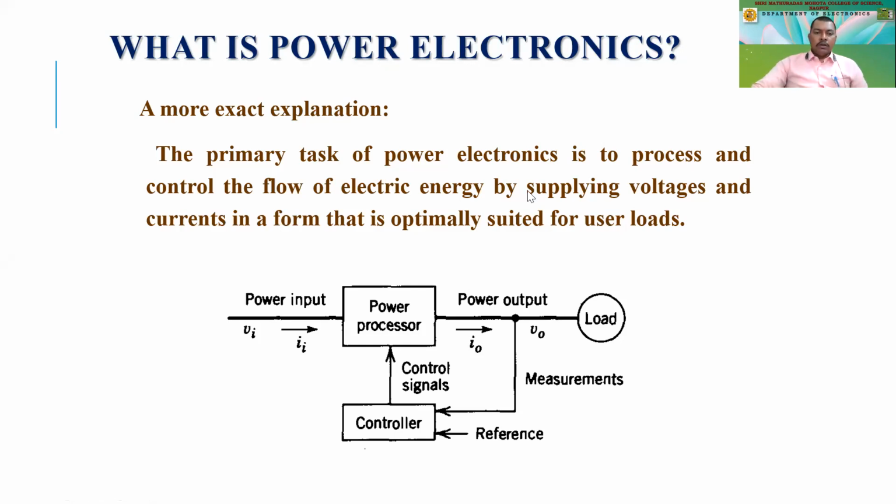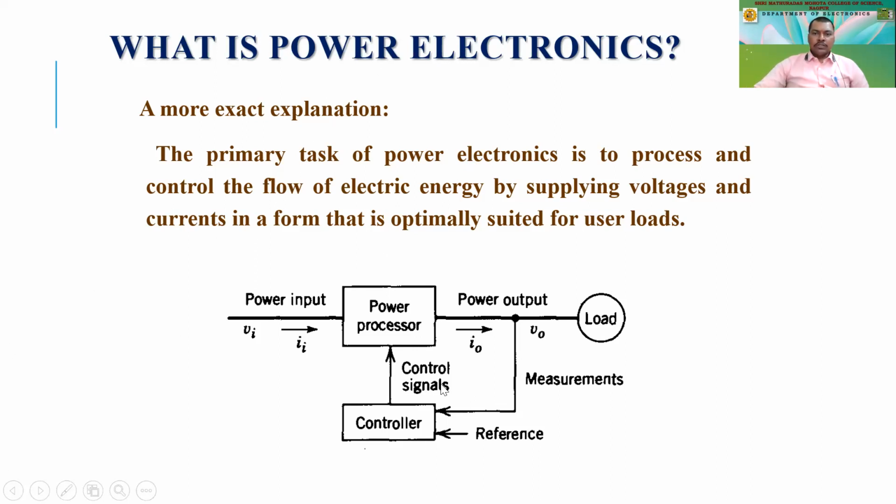Whatever we give in the input is power input, and we have a power processor here, which are the devices we are going to study this time. There are controllers which control these power devices, and the output power coming out of this power processor is applied to the load, right? These are also called feedback circuits, according to which they are being controlled, right?